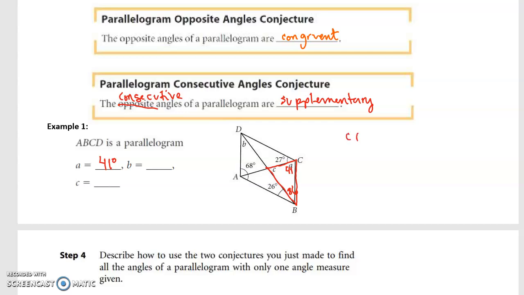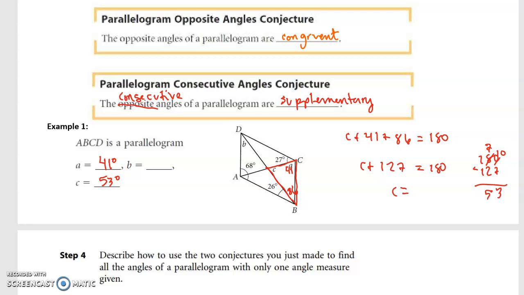So that means C plus 41 plus 86 equals 180. So C is 53 degrees.